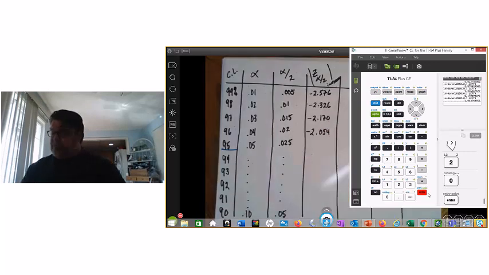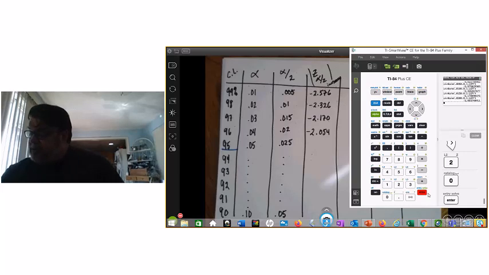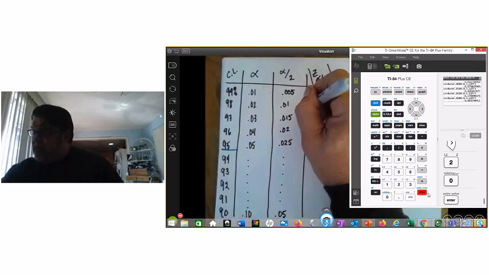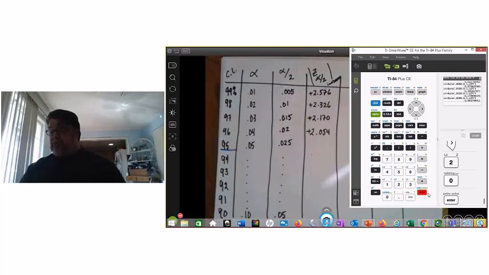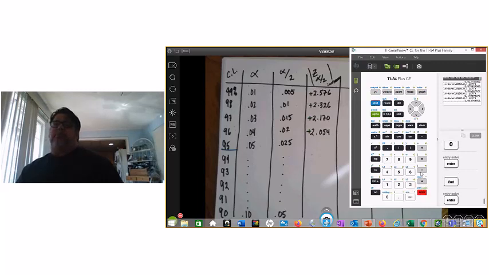So I forgot to drop off the negative, so I'm just going to put a plus here since we're using the absolute value. I know that's not kosher to do, say plus with absolute value, but we're just worried about the distance. We're not worried about the direction. And the last one, second entry, this will be 0.0250.